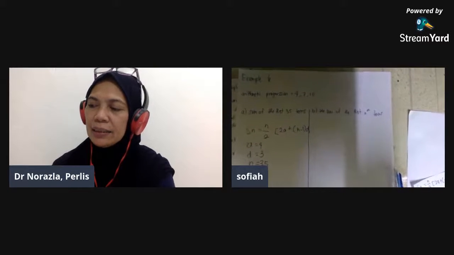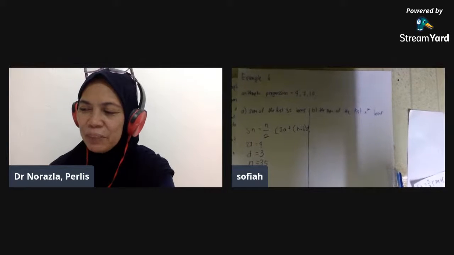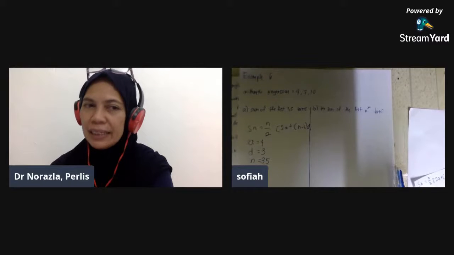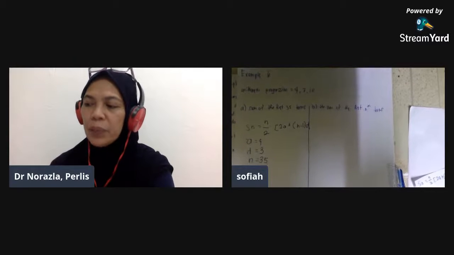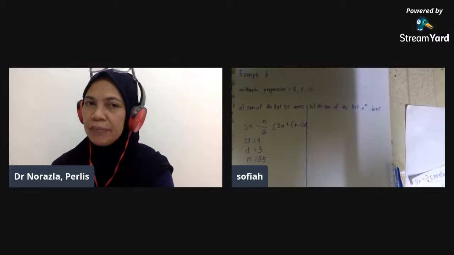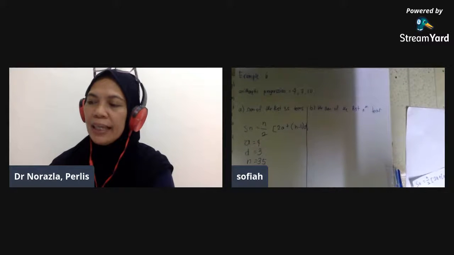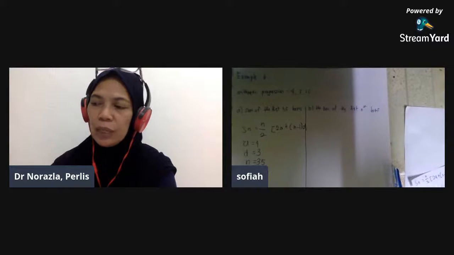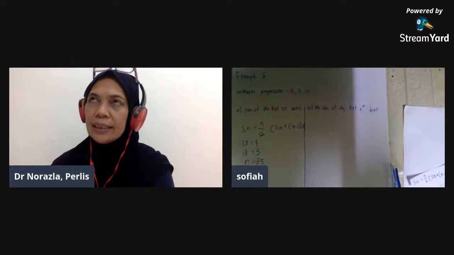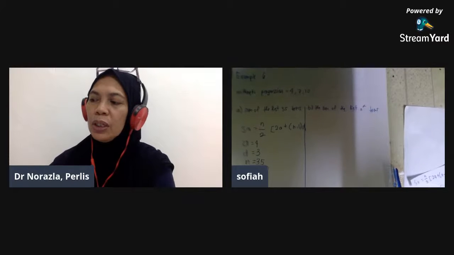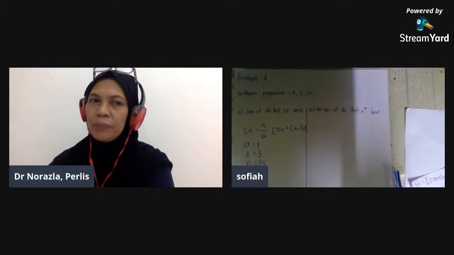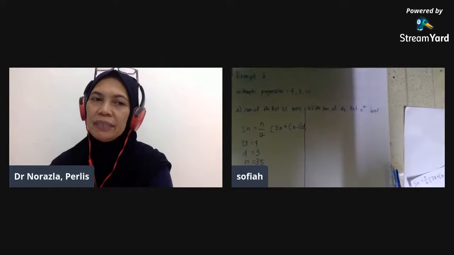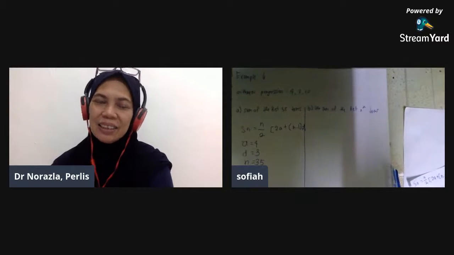These words can be represented by S35. What is the meaning of S35? That means we have 35 terms. Meaning that 4 is the first term, or we can write it as T1. 7 is the second term, T2. 10 is the third term, until the 35th term, T35.